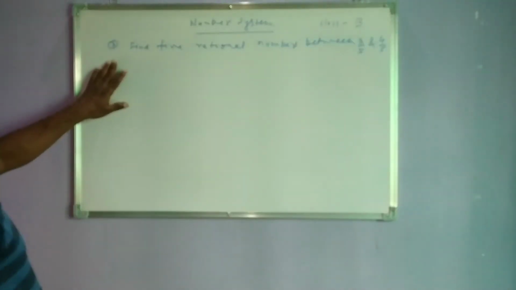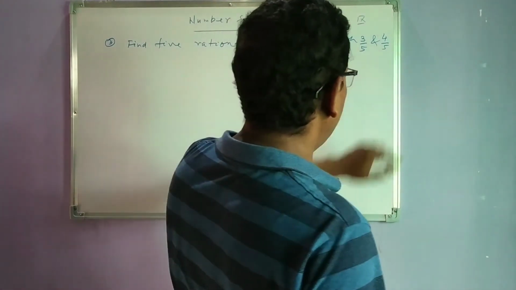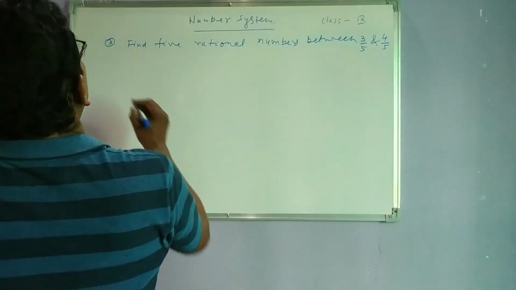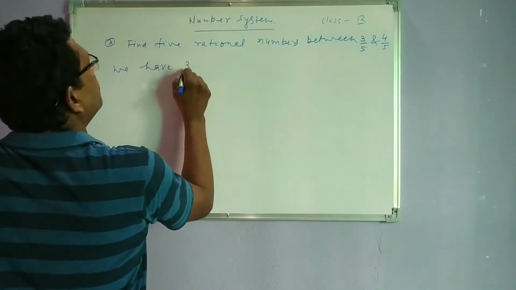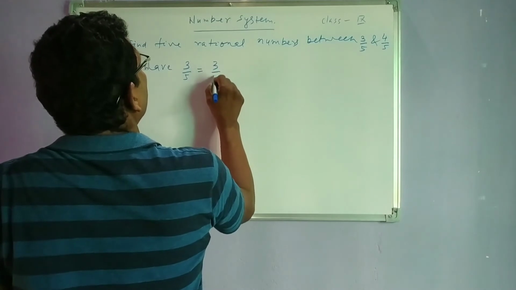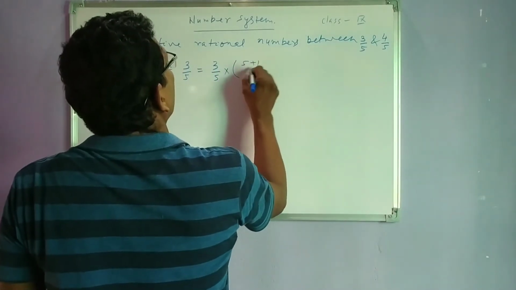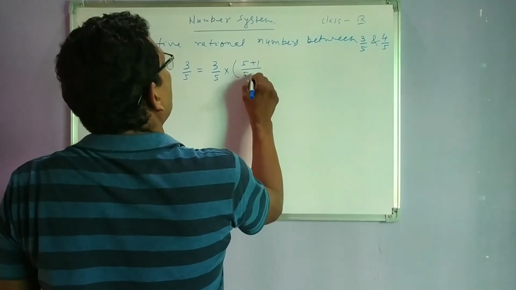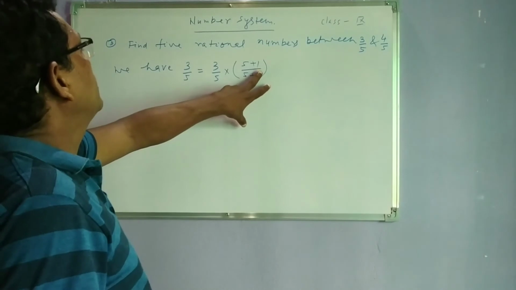Question number 3. Find 5 rational numbers between 3 by 5 and 4 by 5. So we have 3 by 5 equal to 3 by 5 into 5 plus 1 by 5 plus 1. Why do we add 1?